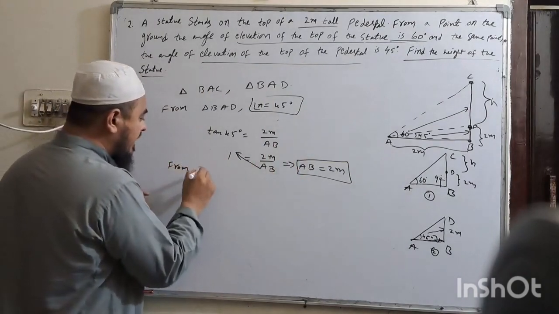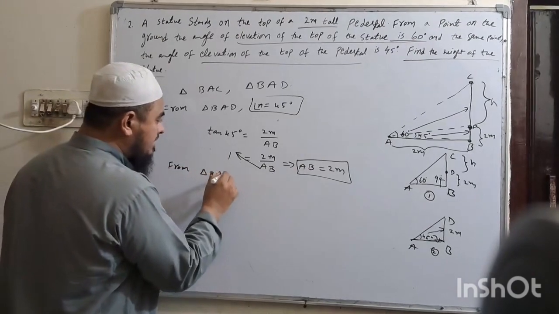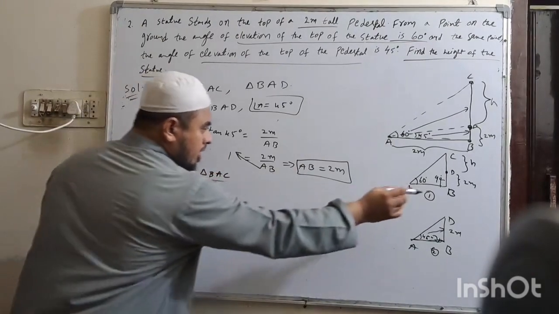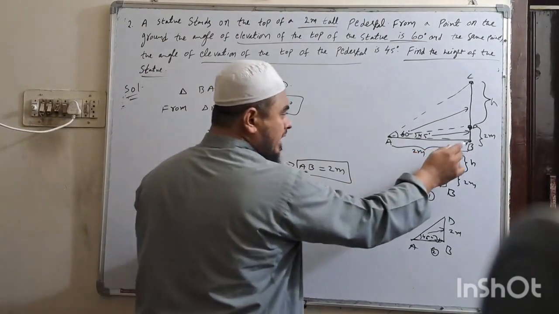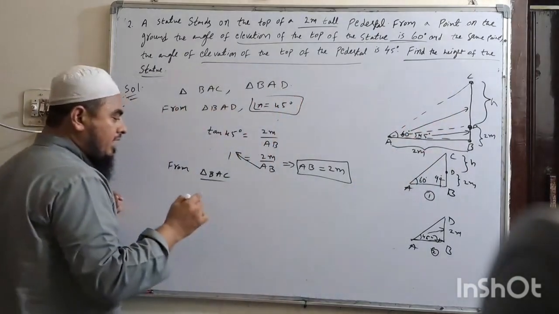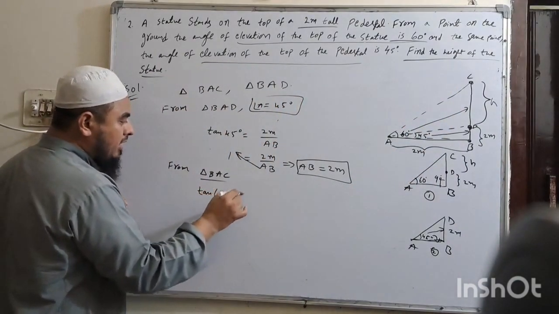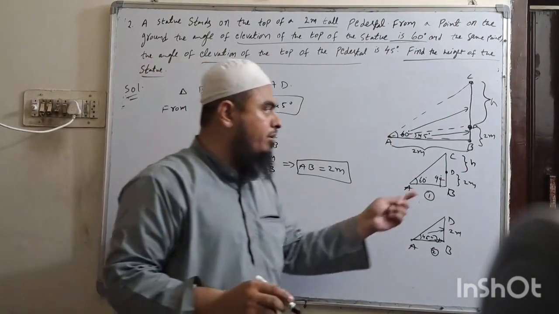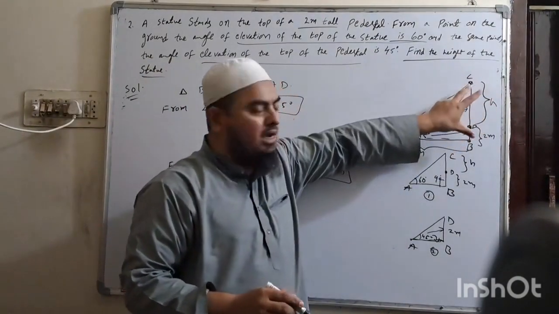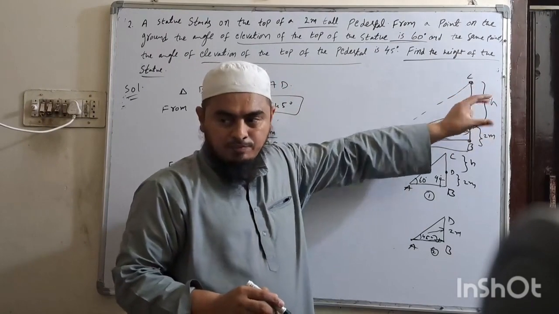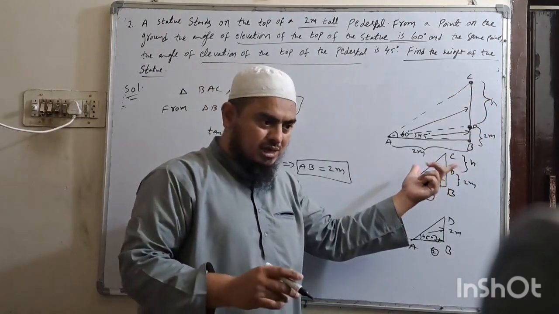So from triangle BAC in this diagram, we can take the tangent ratio, tan 60. Here why are we using tan? Because we have to calculate the opposite side length and we know the adjacent side length.